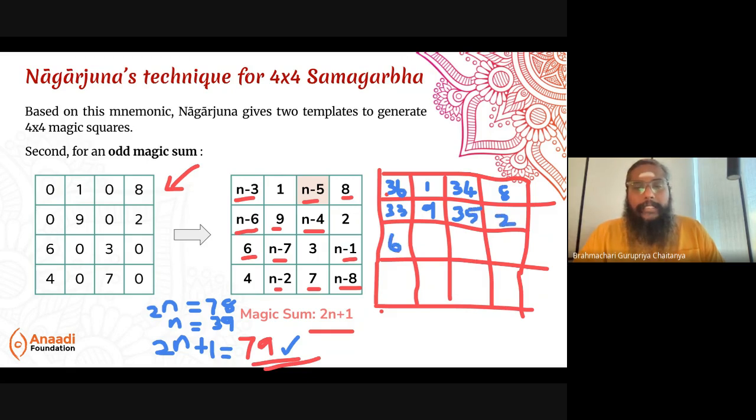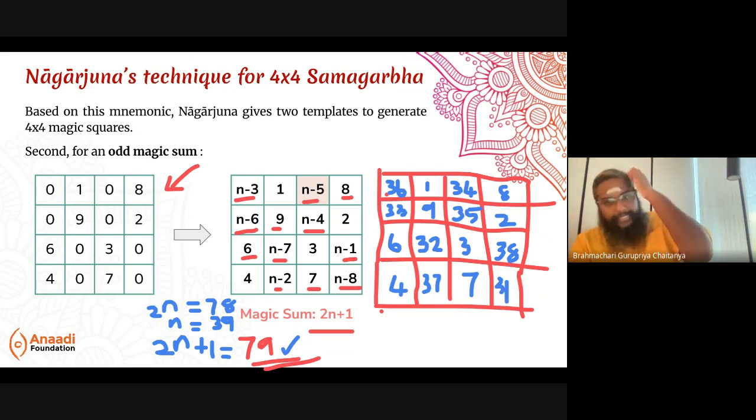Then 6, 32, 39 minus 2. So 3 and 39 minus 1 is 38. Now 4, 37, 7 and 31. Now 33 plus 36 is 69. 69 plus 6 plus 4 will be 79. 1 plus 9, 10, 10 plus 32, 42, 42 plus 37, 79. Like that it goes on. So this will be a magic square where the desired magic sum is achieved.